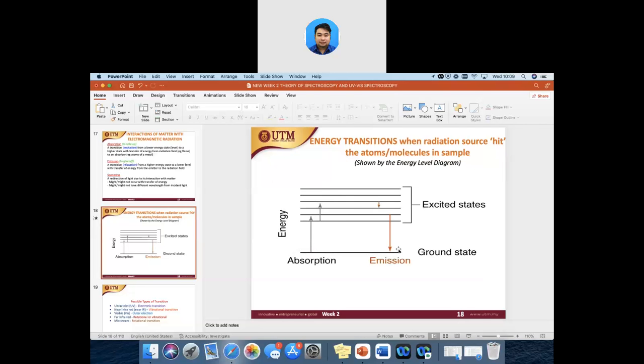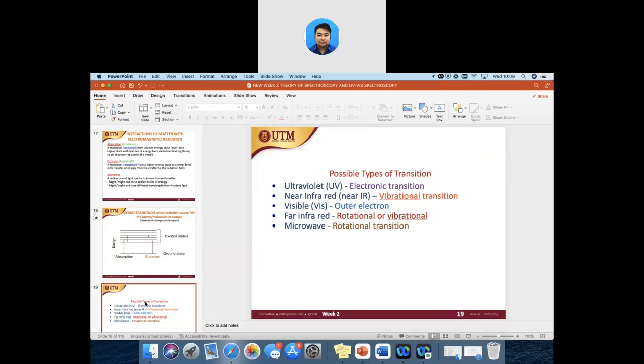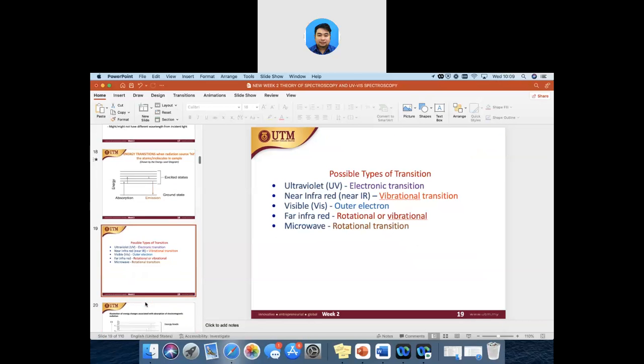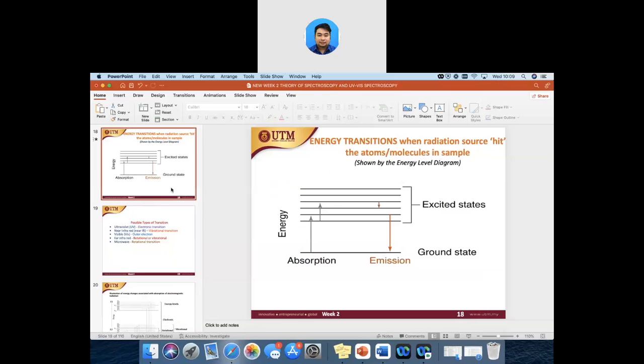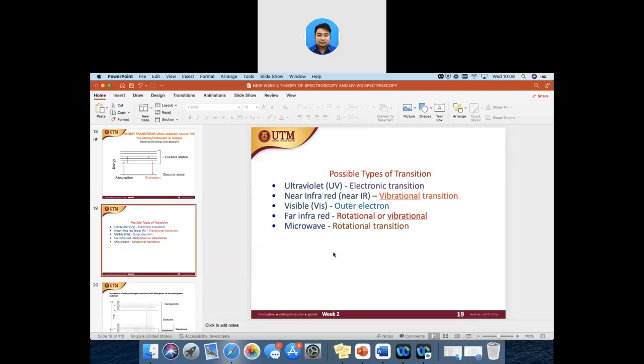So what to do with the energy that has been absorbed? It will emit. So basically these are the types of transition. From ground state to excited state is a transition. From excited state to ground state is also a type of transition. So these are the possible types of transition.